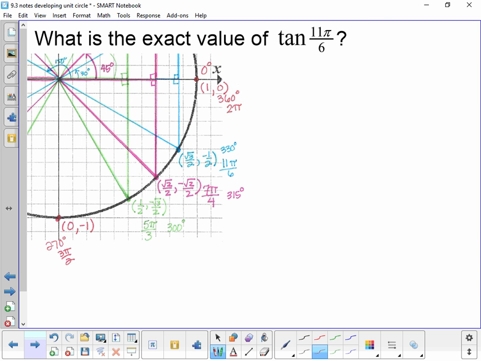Last one, we're looking for the exact value of the tangent of 11 pi over 6. It's located in the fourth quadrant. Here it is, 11 pi over 6. We're going to use this blue reference triangle to help us. Well, tangent is the ratio of the opposite over the adjacent.